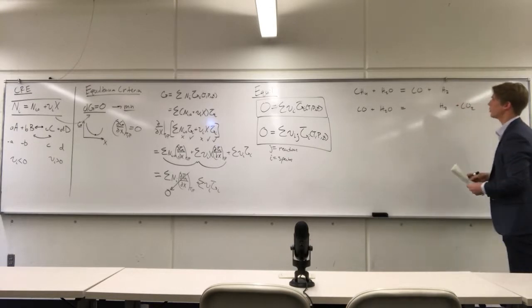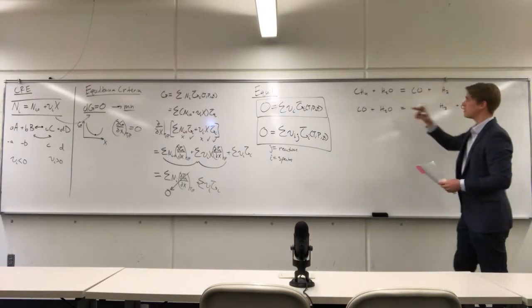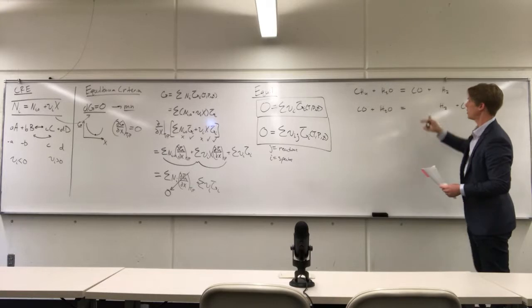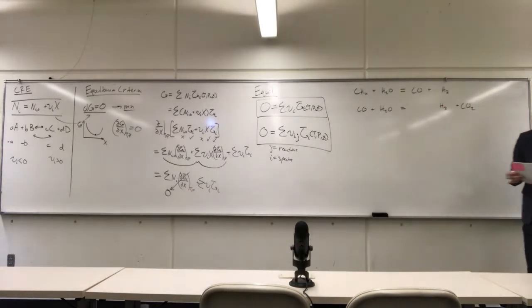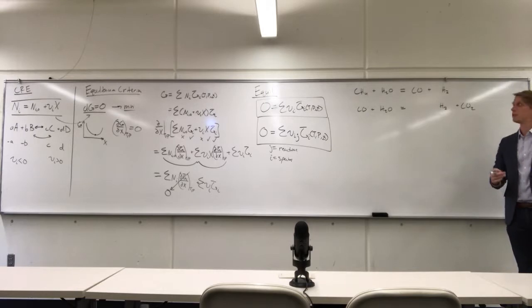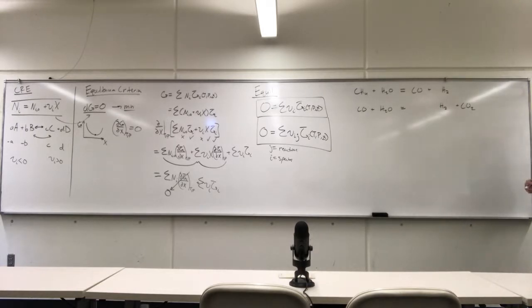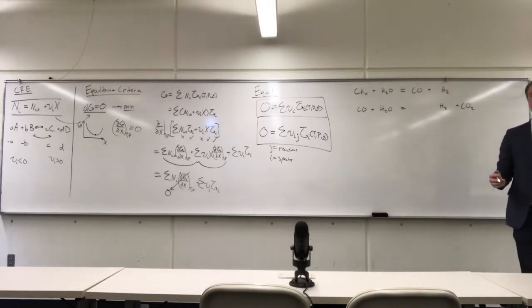So we have two chemical reactions. One is the partial combustion of methane to make carbon monoxide, and the second one here is what they call the water gas shift reaction. This is the way that most all hydrogen is produced commercially. And this is also the reason why hydrogen cars never really took off, because we still got to combust methane to make hydrogen anyway in the first place.